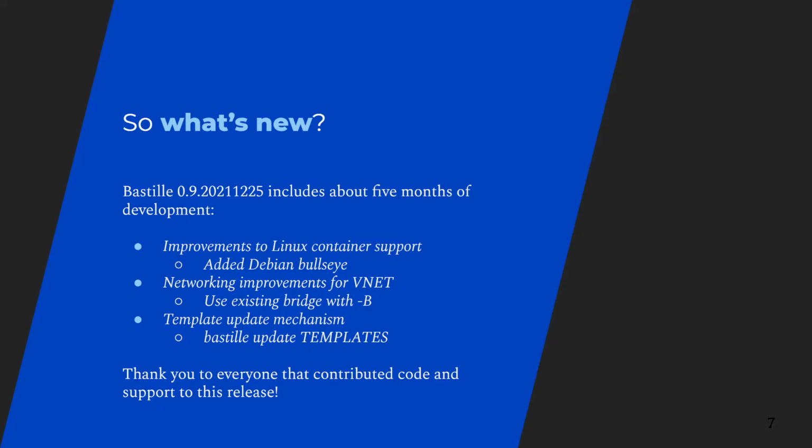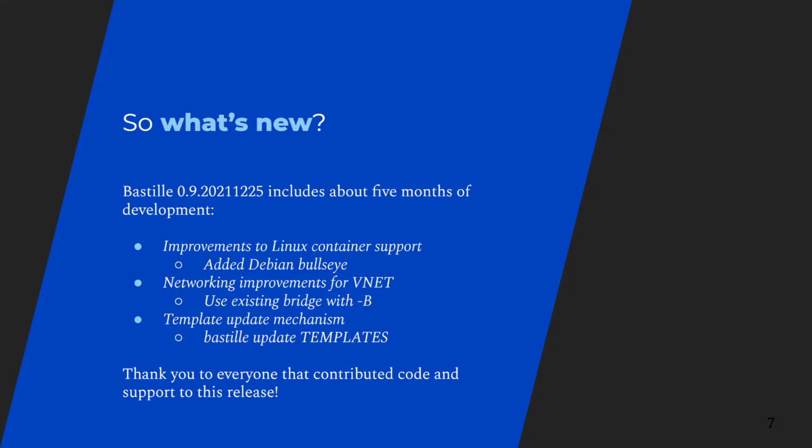There's a handful of other changes that went into this release as well. I didn't try to put everything on the slide, but there's also a new option to the package subcommand where you can tell it to use the host package manager instead of the package manager inside the jail.